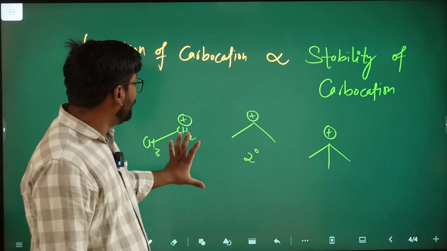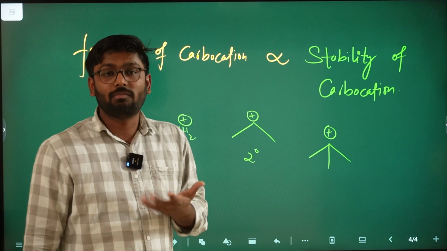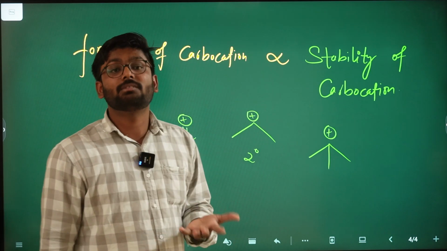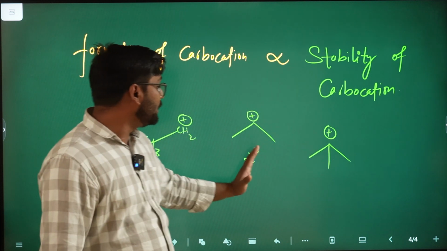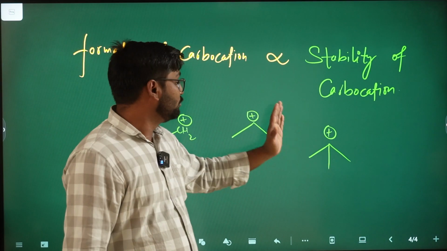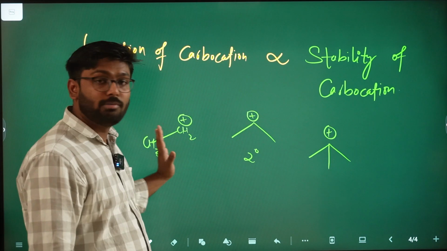If we compare 1 degree, 2 degree and 3 degree, which will form fast? We can determine on the basis of stability. If 3 degree is more stable, then this will form fast.